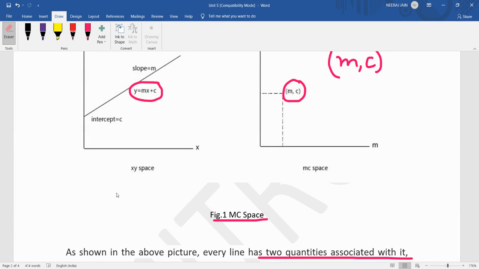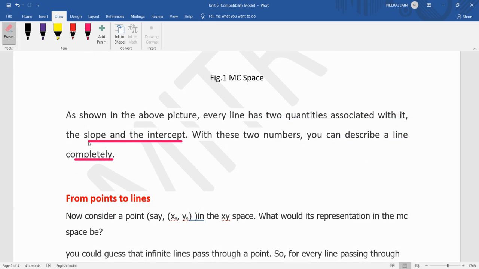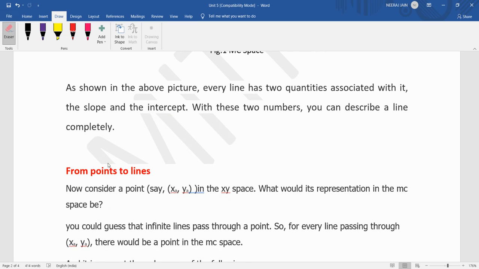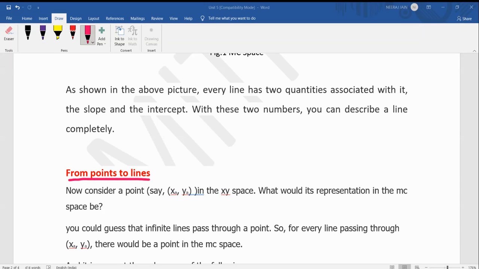That is the one thing we studied here, what is the relation between the line and a point. Now from the point to the line, if we take the reverse action, we just saw how we can represent a line as a point.